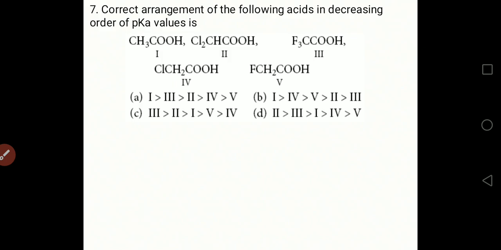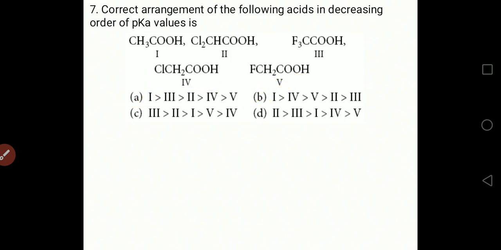Seventh one, the correct arrangement of the following acids in pKa value. Always remember, pKa and acidic nature are inversely proportional. If pKa is less, acidic nature is more. Out of these four, acidic nature is less where pKa is more, right? The one having the least acidic nature is acetic acid, so the first one should be more. Two options are left, this option and this option.